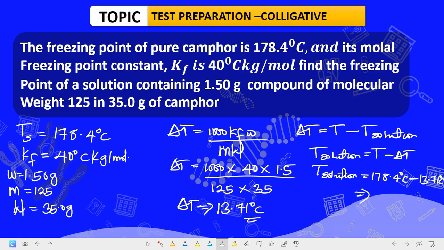When you punch this in your calculator, 178.4 minus 13.71 gives us 164.69 degrees Celsius. And that is the correct answer to this question.